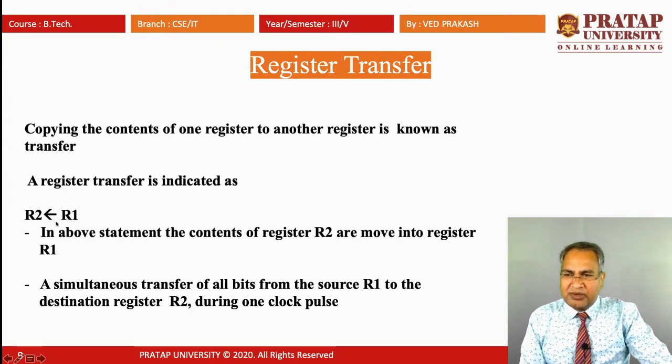This statement says the content of register R1 is transferred into register R2. So this is the register transfer micro-operation, also known simply as a micro-operation. The transfer of bits from the source register R1 to the destination register R2 happens during one clock pulse, and this transfer is performed in parallel.